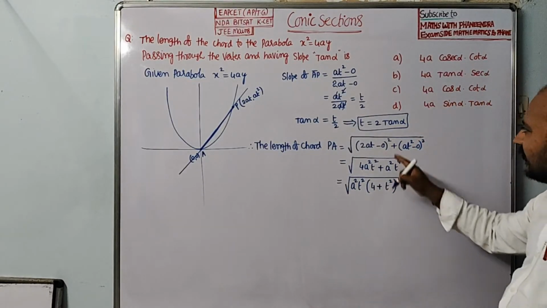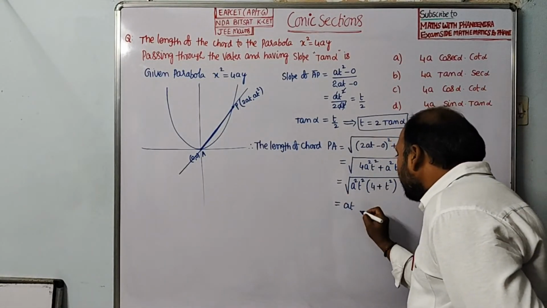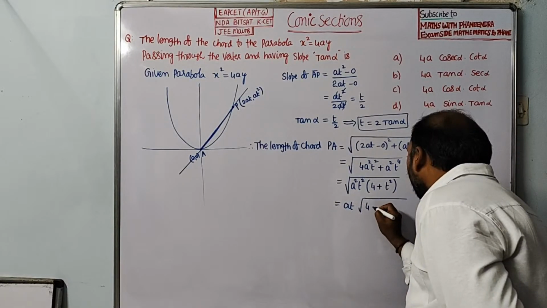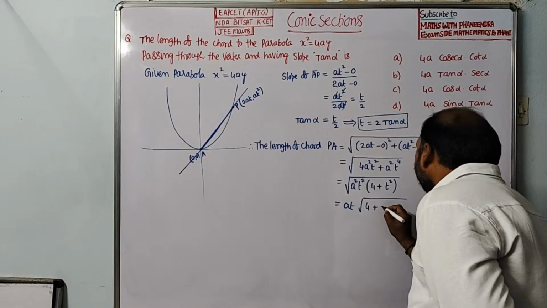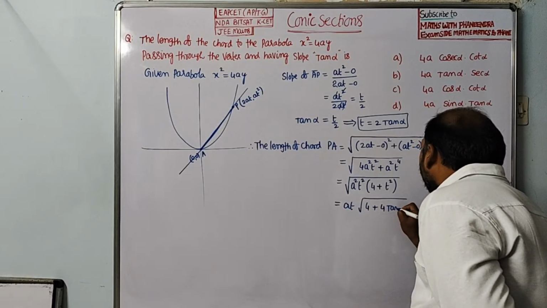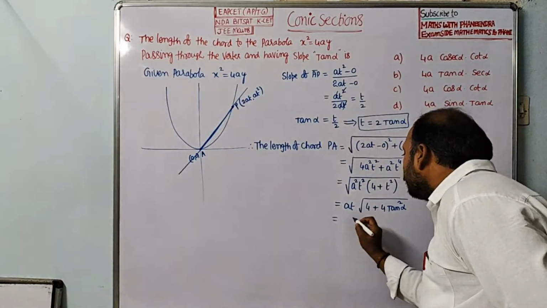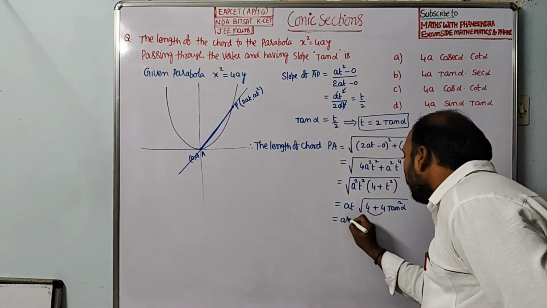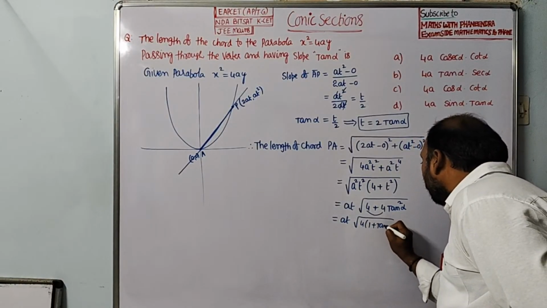Okay, what is t here? This one now. So at bring outside, root over 4 plus t value is 2 tan alpha whole square, that means 4 tan square alpha. So 4 also bring outside, it will become 2, at into root of 4 into 1 plus tan square alpha.